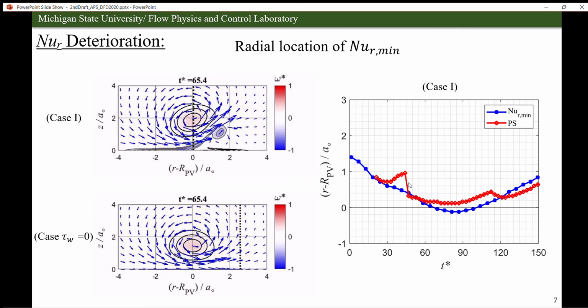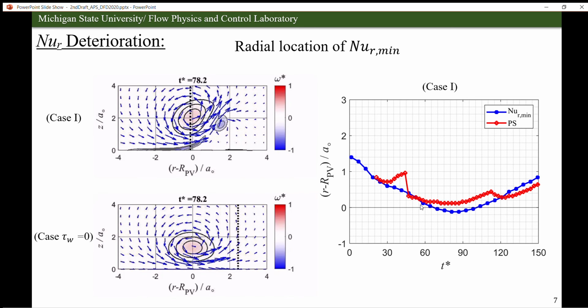So even before the separation, the movement toward the center seems to be connected to the growth of the boundary layer thickness associated with the flow blockage.